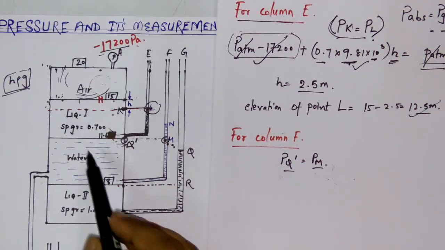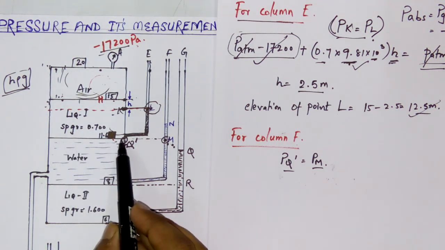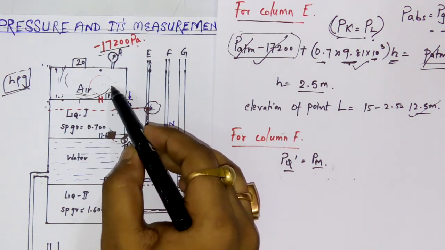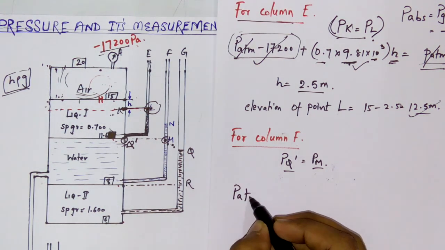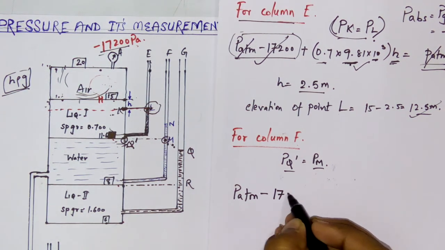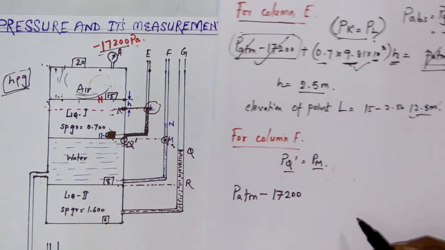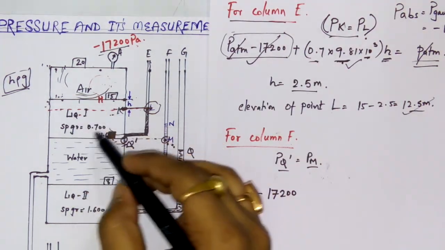Now see, the pressure at this point is nothing but the pressure due to this and due to this. What is the pressure due to the air chamber? It is P ATM minus 17200. Now what is the pressure due to this liquid?